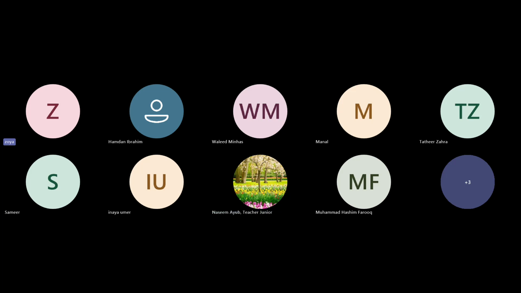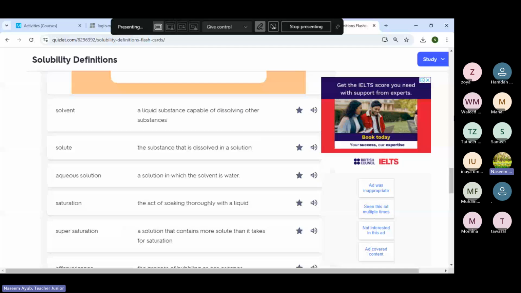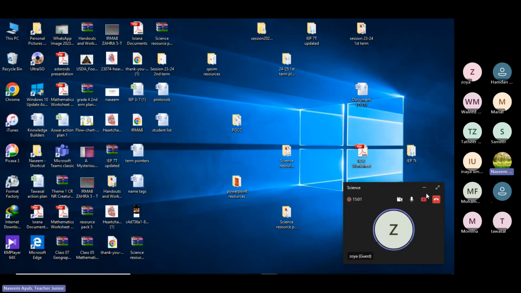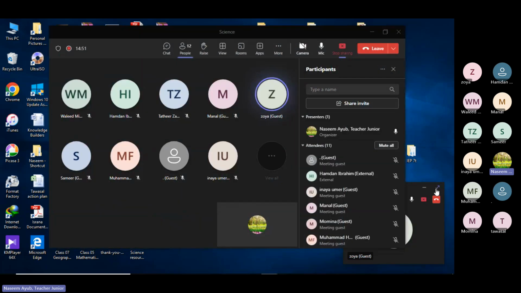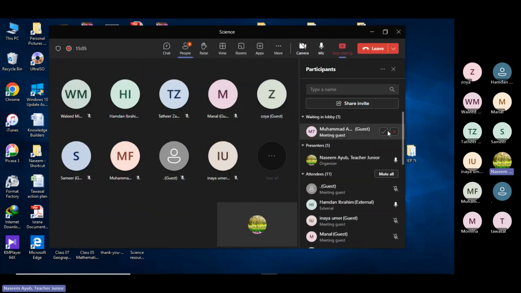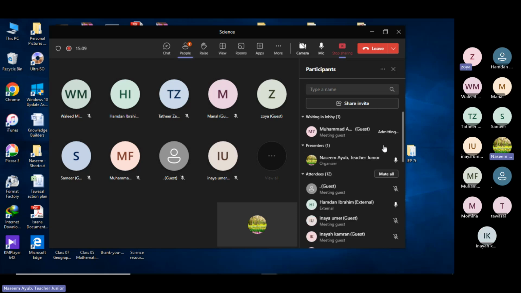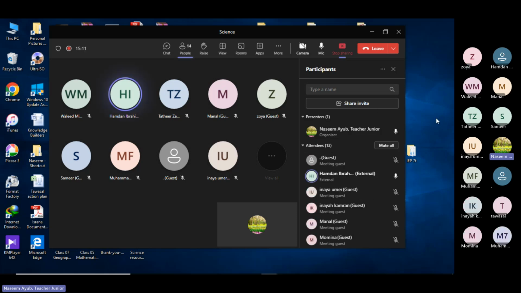Ma'am, a solution is a liquid mixture. Yes, a liquid mixture. Hamdan, please tell me what is the solution?